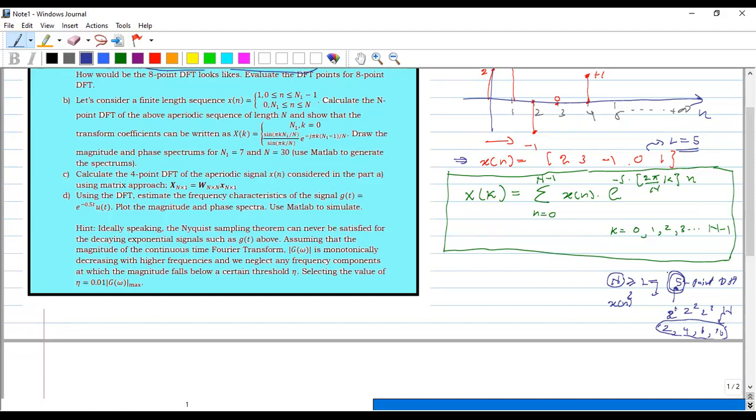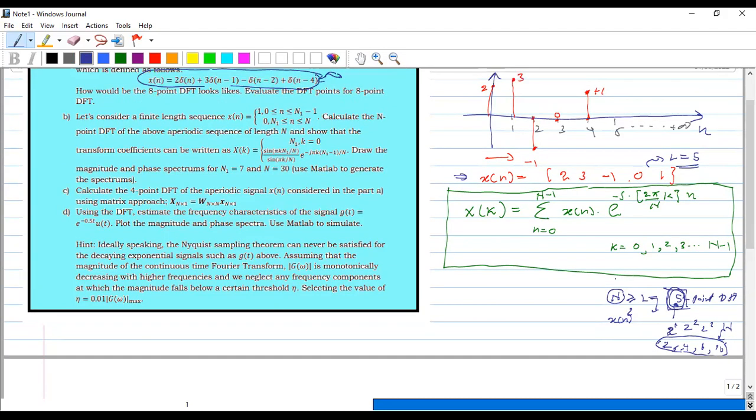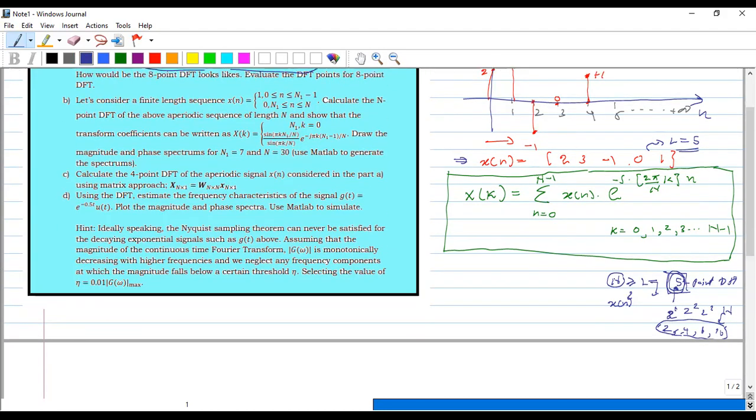It is possible to calculate 5-point, 6-point, anything, but if we use a power of 2, it will be easier. I think we can understand when we are doing the FFT, and we can get a clear understanding when we perform the FFT, I hope.